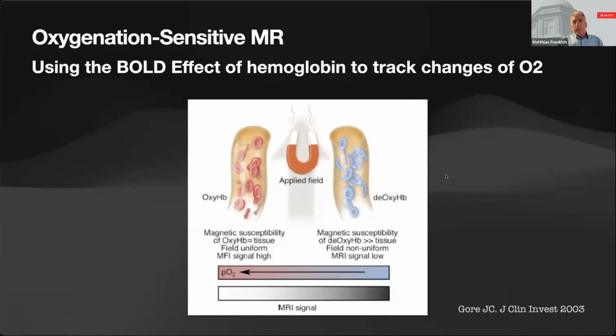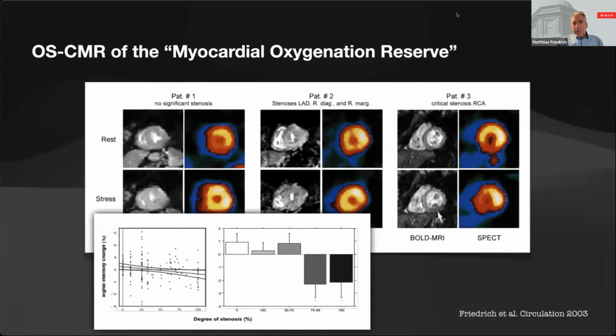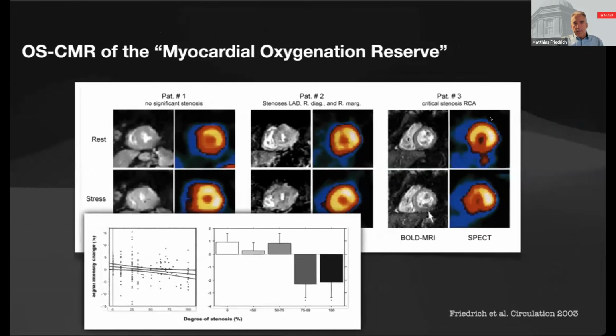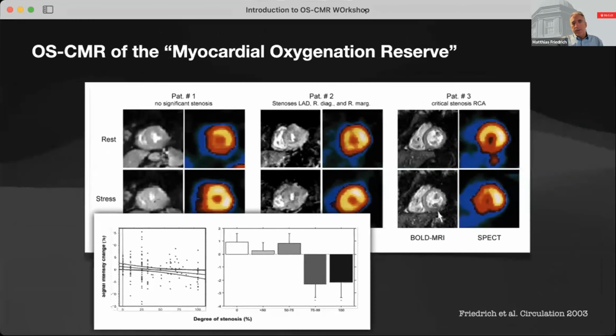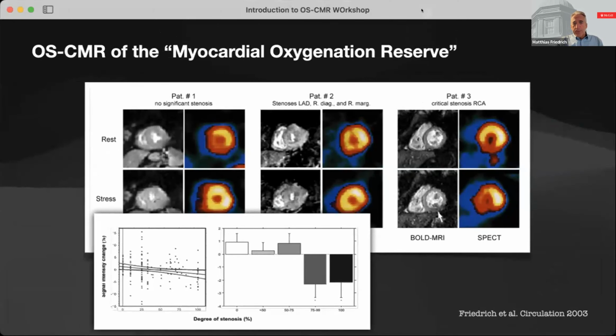So BOLD imaging, or BOLD-sensitive imaging, has been used in the brain since 1990 when it was introduced as functional MR. One of the early clinical studies that we performed, in the beginning of this millennium, already a while ago in Berlin, could show that the principle works.